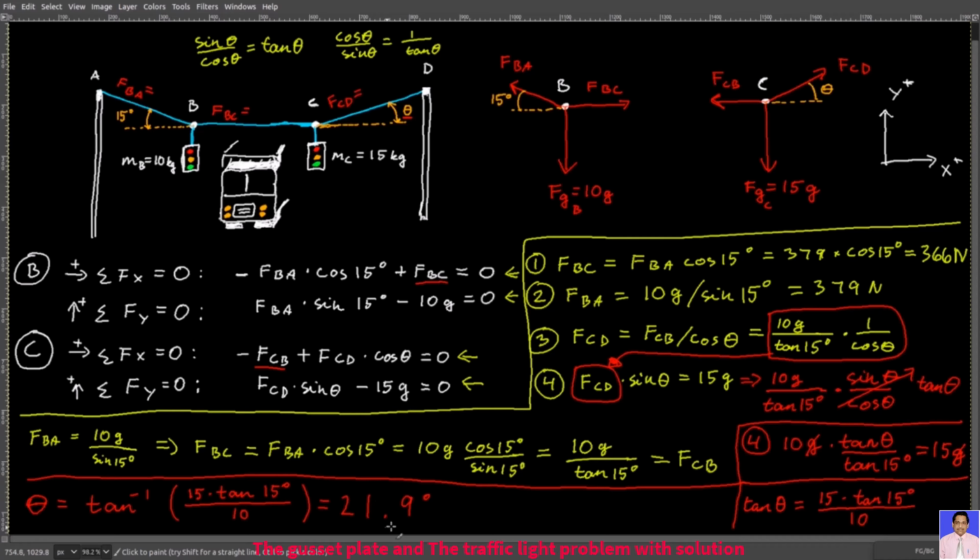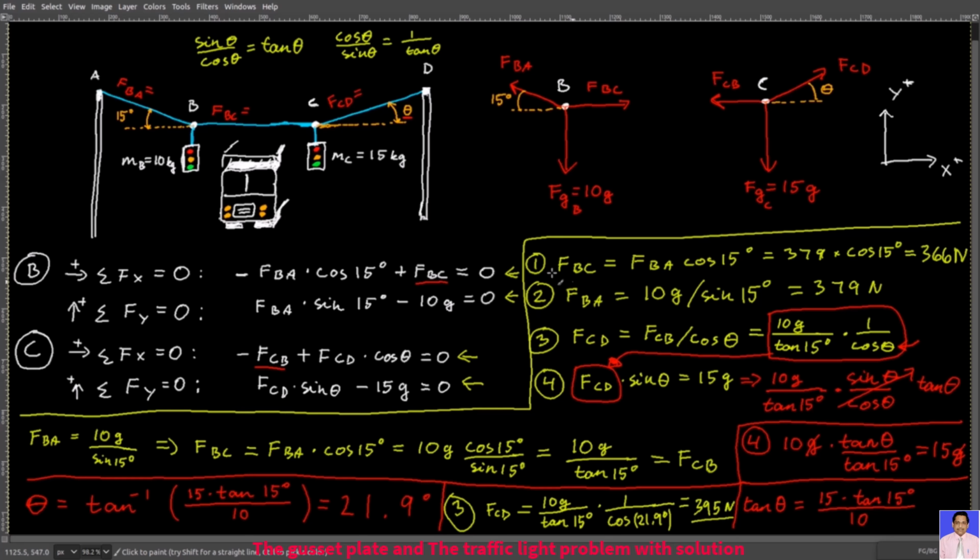And now you can take your 21.9 degrees and put it inside here. You can replace this theta with 21.9 degrees. And so in the third equation, FCD equals 10g over tangent 15 degrees times 1 over cosine 21.9 degrees. And that gives you 395 newtons.